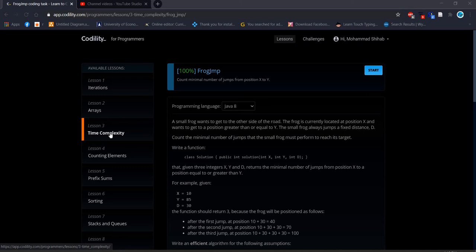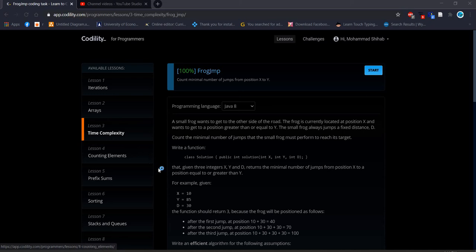So today we will try to solve a programming implementation problem using time complexity, because in coding you can solve one problem in different ways, and it depends on how you implement it properly, within short time and using short memory space.